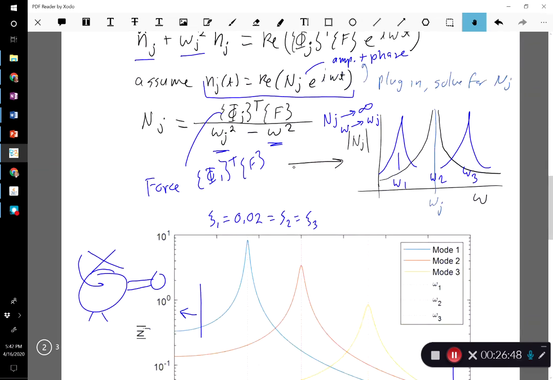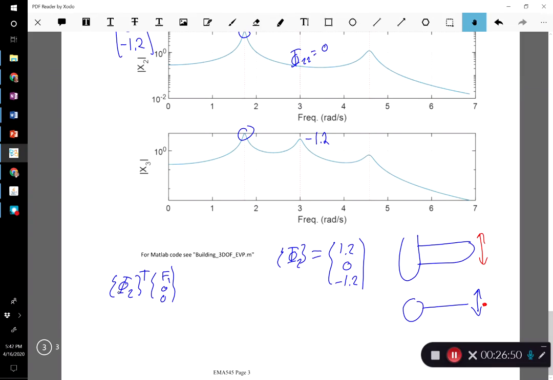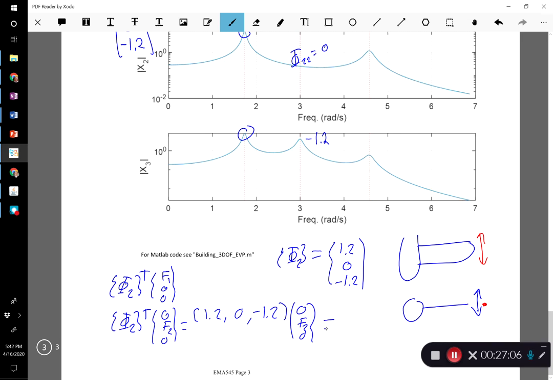If we do that, notice that phi2 transpose times 0, F2, 0, that's just going to give us 1.2, 0, negative 1.2, and the force is actually 0.